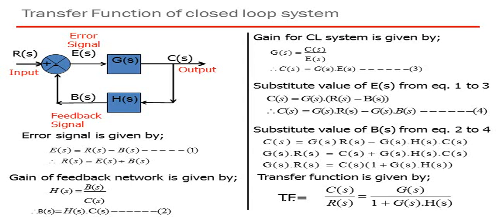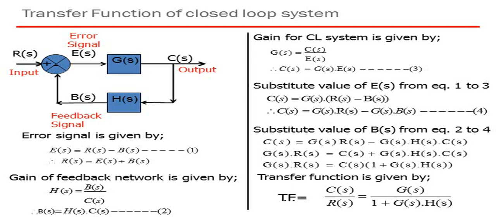So the minus part is taken to the left side, then C of S is taken common, and we will get G of S into R of S is equal to C of S into bracket 1 plus G of S into H of S. Then the transfer function is given by C of S divided by R of S. So by definition we know that transfer function is Laplace of output divided by Laplace of input.